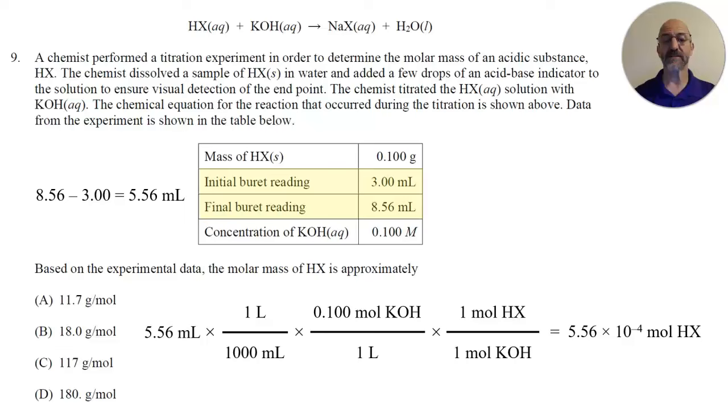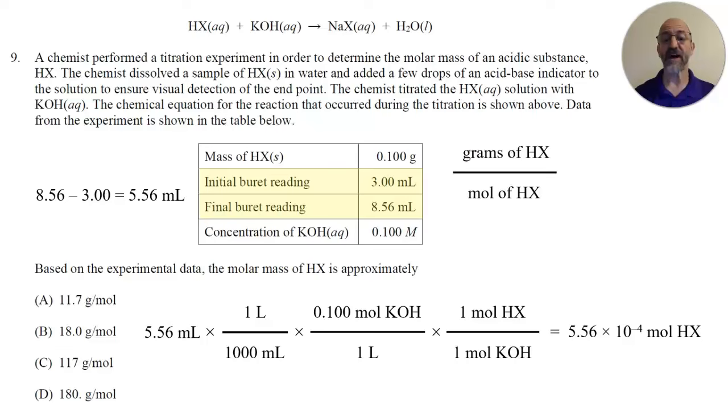Now the question says we have to calculate the molar mass of HX. So what are the units of molar mass? Well, the units of molar mass are grams per mole, which means if we could take the grams of HX, which we know, and divide by the number of moles of HX, which we also know, we've just calculated that, then we can determine the answer to question 9.